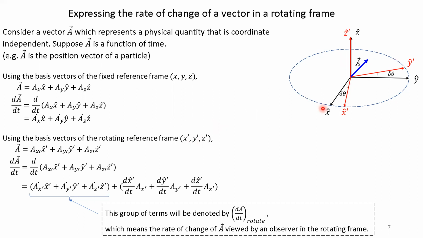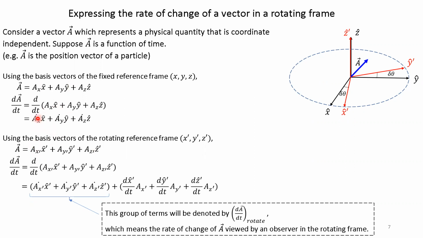So now A is expressed like this: A_x prime x hat prime plus A_y prime y hat prime plus A_z prime z hat prime. You understand the difference between x hat and x hat prime and so on.